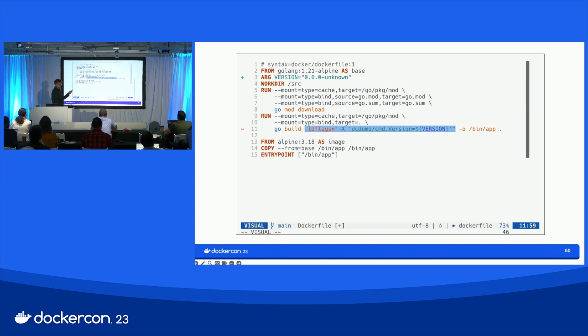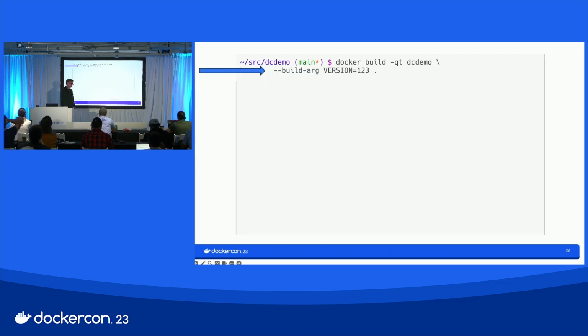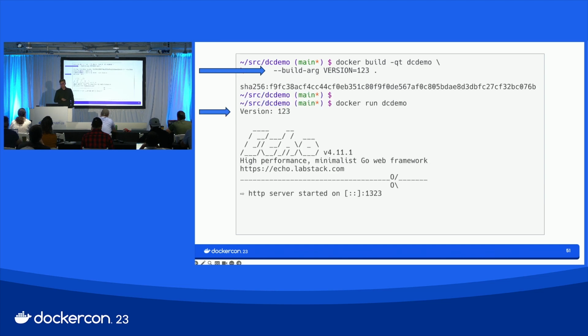And that's what this kind of cryptic flag is doing here, setting the version variable in the code to whatever the value of the version build argument is. And so now if we build our image using the --build-arg flag, that's the value that we'll present when running the container.